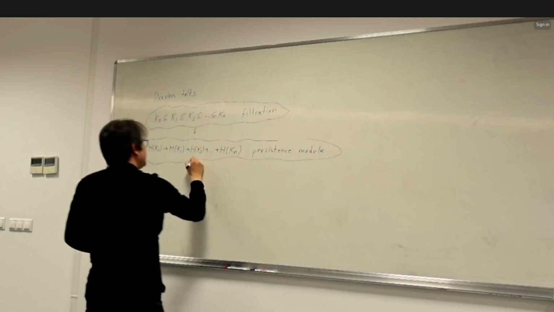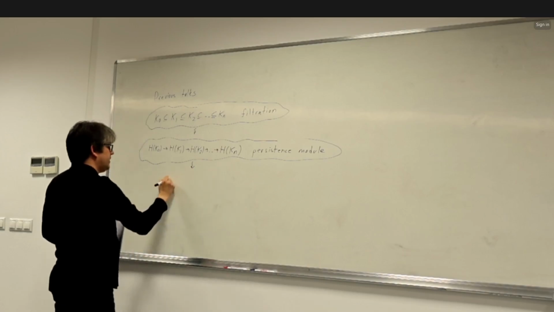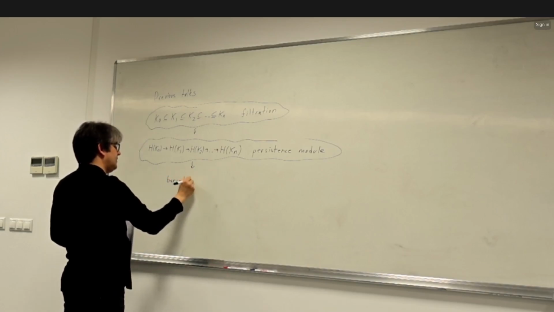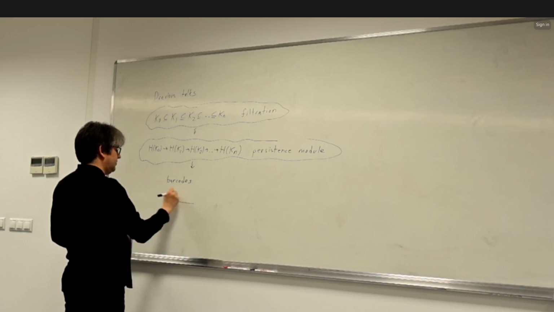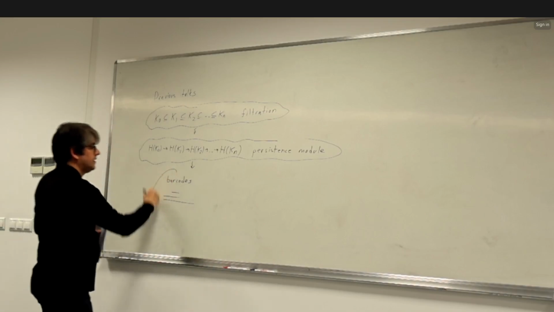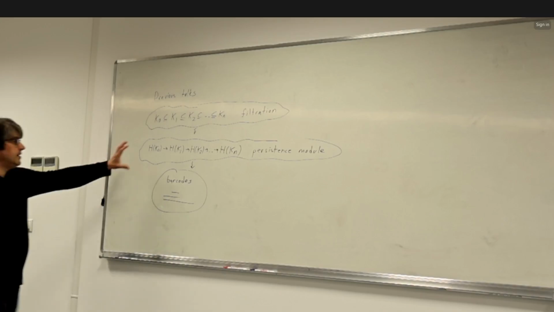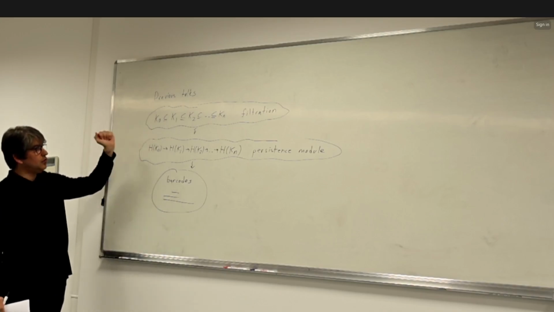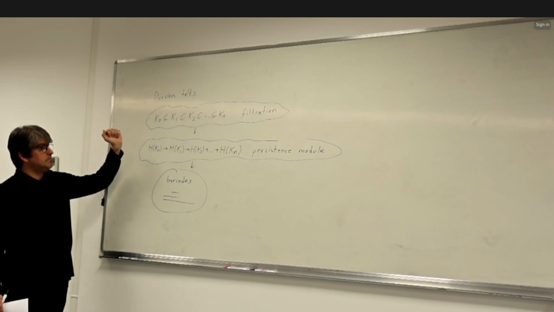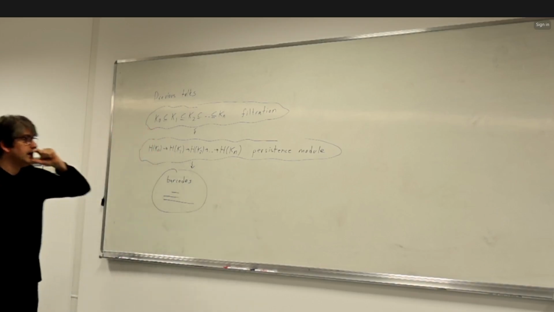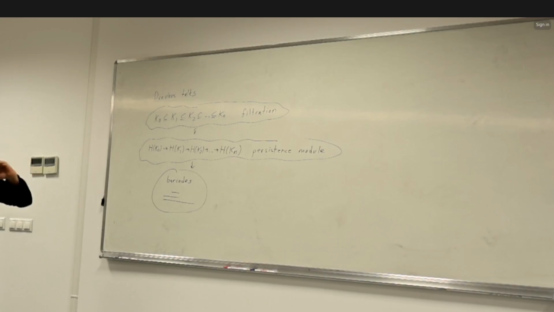And then from there, some barcodes were created. So like, something like this. So basically, this was the idea. So today we will generalize this part a little bit to zigzag persistence. But let me first motivate why one would need something like that.